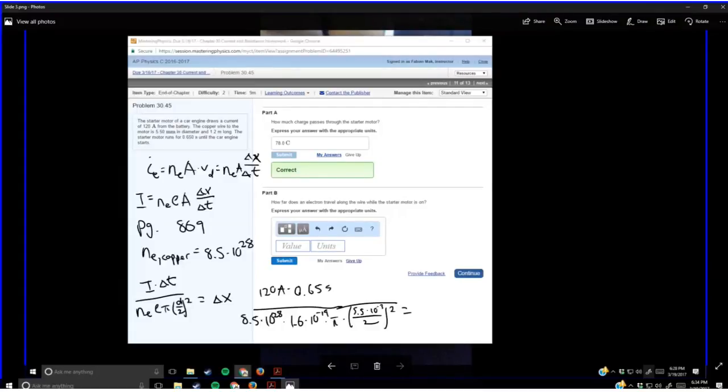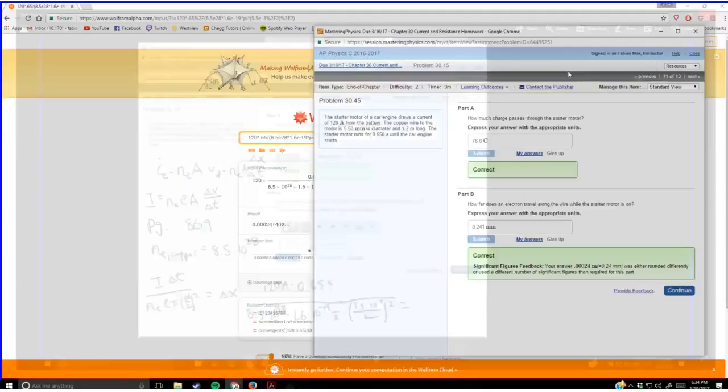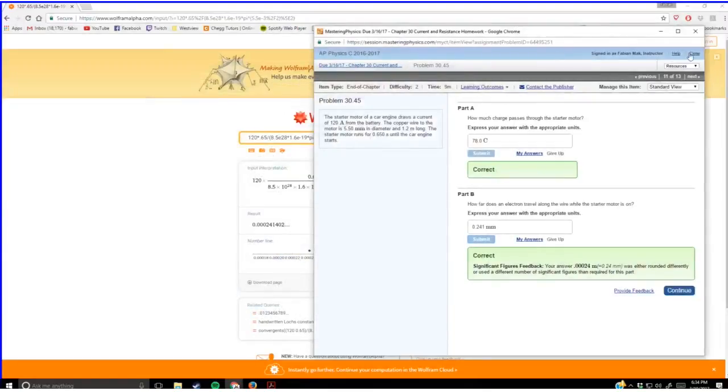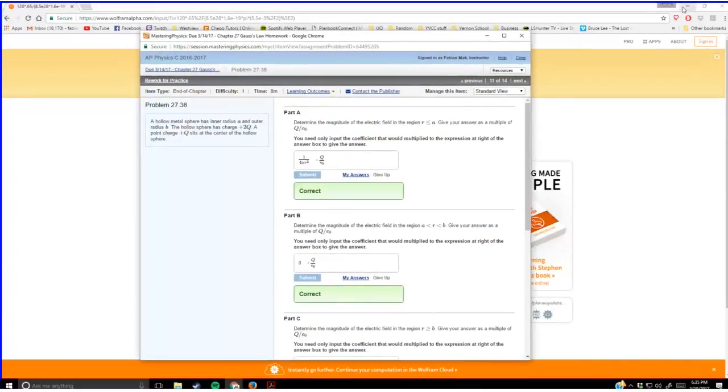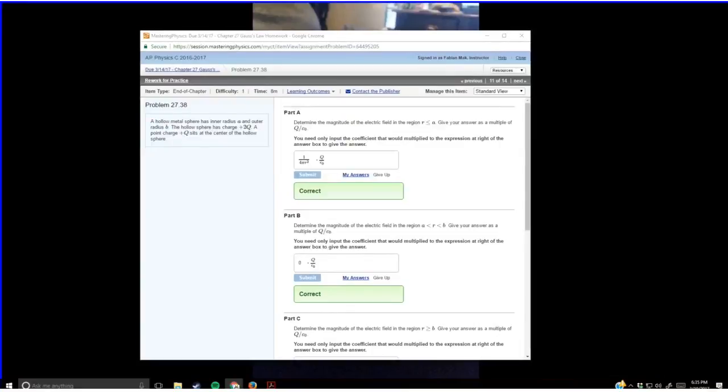Next one, 27.38. I think we did this one in class too. I think what will really help with this is a diagram.